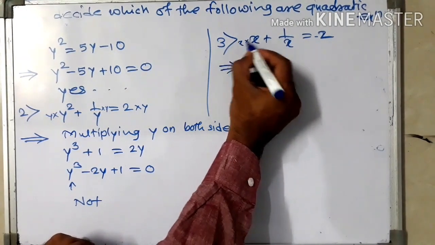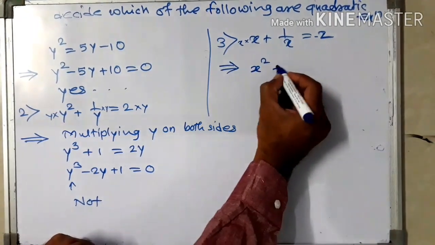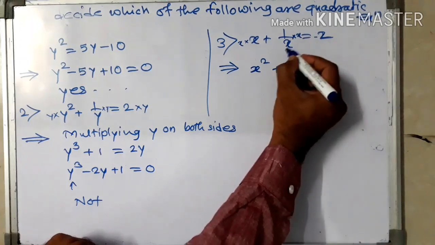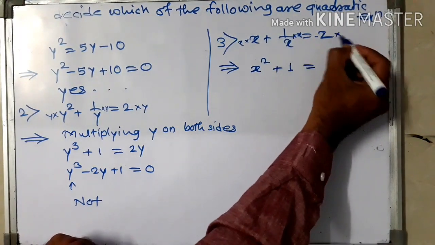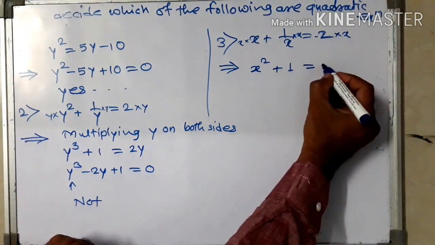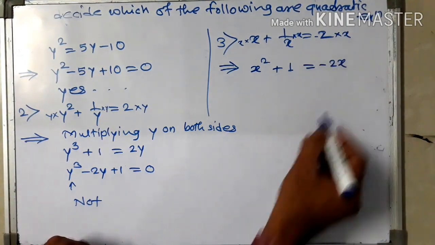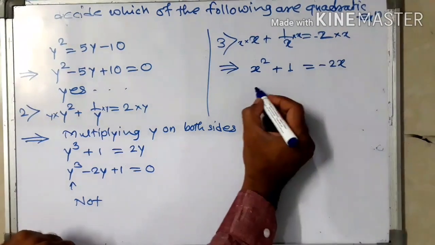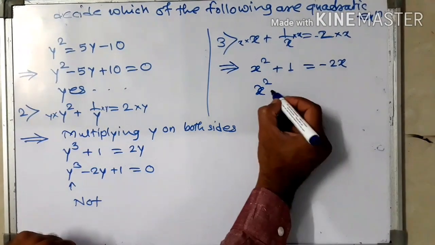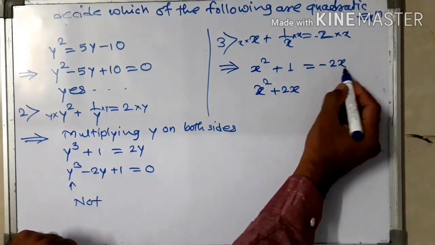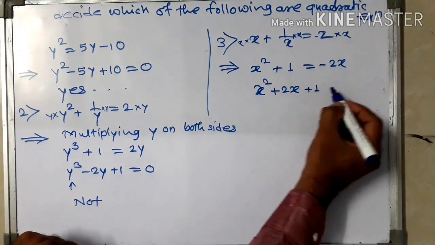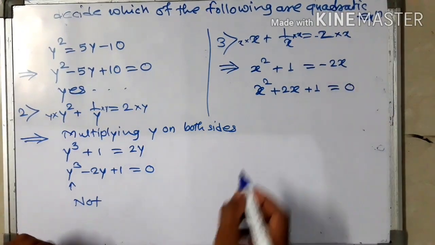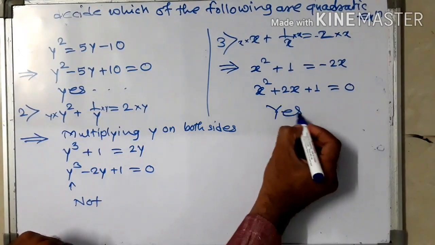By multiplying x, here x square plus, here x gets cancelled. By multiplying x to minus 2, there is minus 2x. x square plus 2x, by transporting minus 2x to the left hand side, plus 1 equals to 0. This is a quadratic equation.